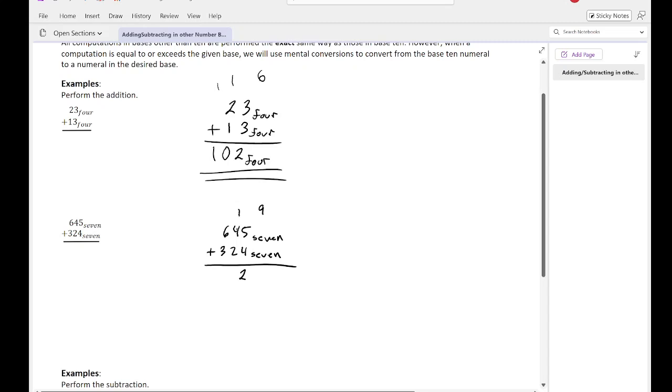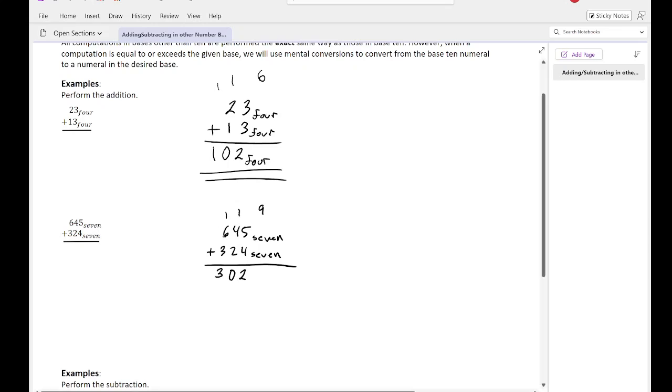And then 4 plus 2 is 6, plus 1 is 7. It doesn't exceed 7 by any, excuse me. 7 doesn't exceed 7 at all, so there's nothing extra. And 7 goes into 7 one time. And then 3 plus 6 is 9, plus 1 is 10. 10 exceeds 7 by 3.